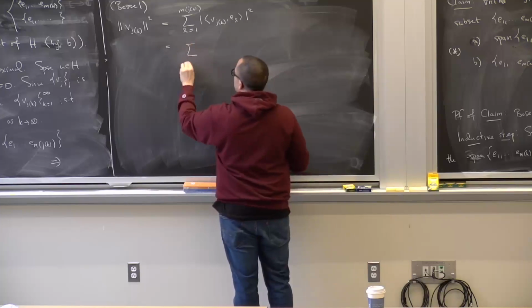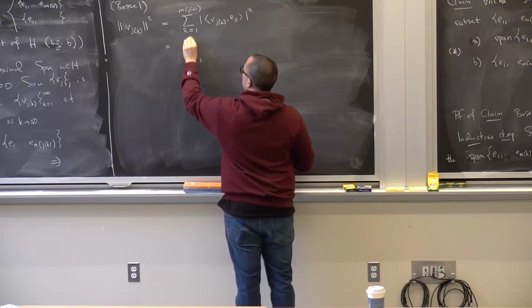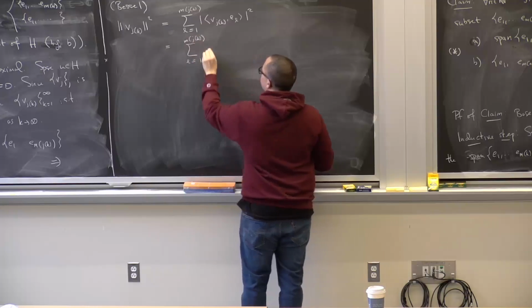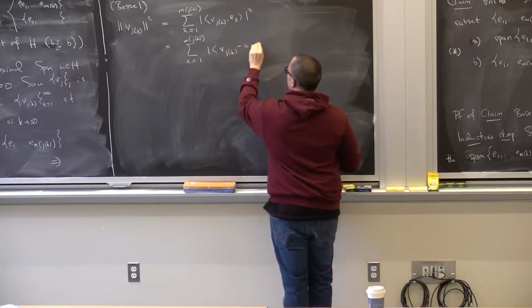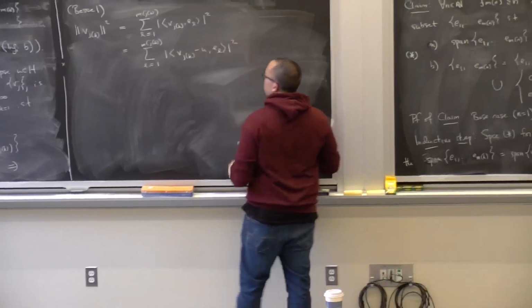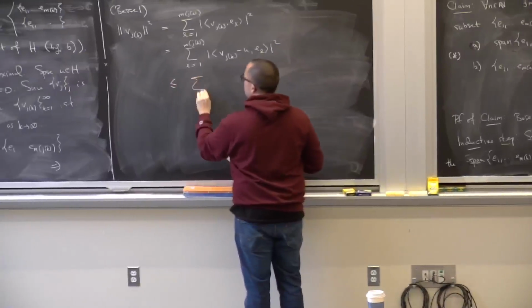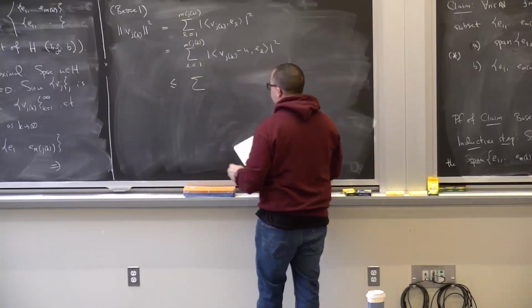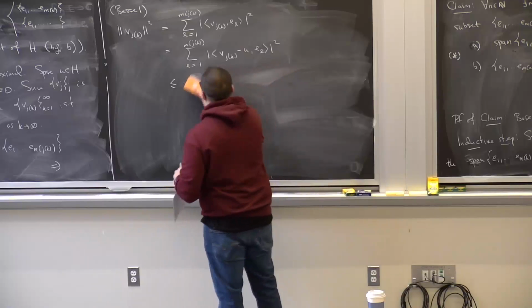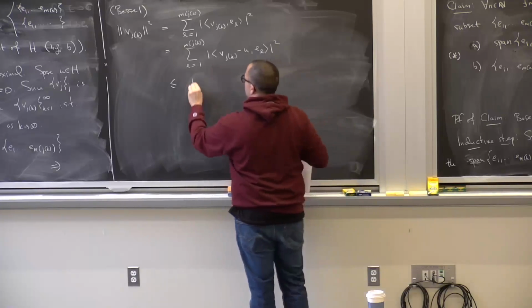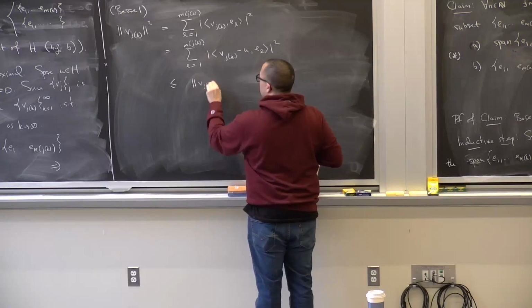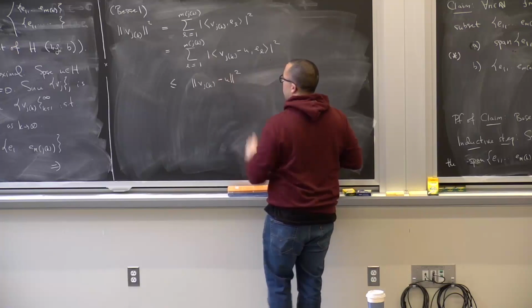And since u is orthogonal to each of these, I can write this as, and by Bessel's inequality, the sum of these things squared is less than or equal to the norm of v of j sub k minus u, squared.